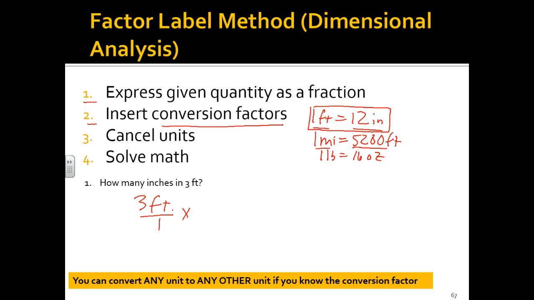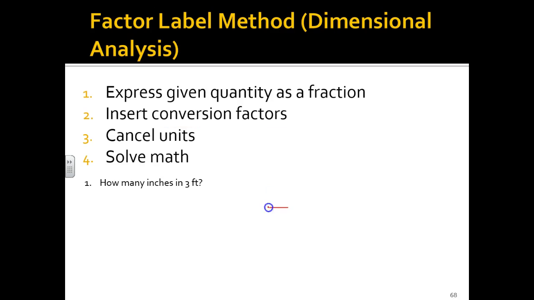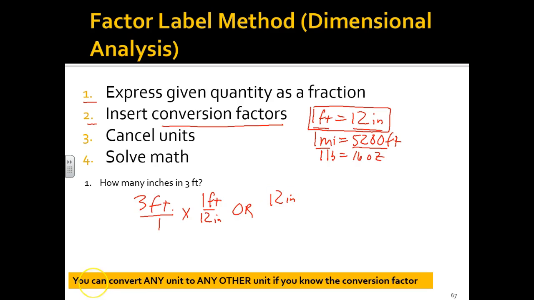So it's either going to be 1 foot over 12 inches, or 12 inches over 1 foot. Sorry about that. Okay, so which one are we going to use? We have to insert one of these. And notice, no matter what we do, the top has to equal the bottom.